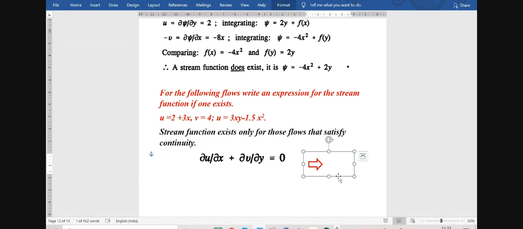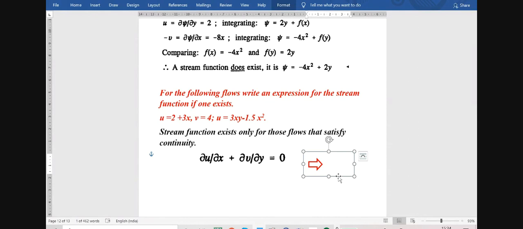Here I have given two problems, where the velocity is given by u is equal to 2 plus 3x, v is equal to 4, and the second, u is equal to 3xy minus 1.5x square. First problem is u is equal to 2 plus 3x and v is equal to 4. And the second problem is u is equal to 3xy minus 1.5x square. For these two cases, you have to find the expression for stream function.